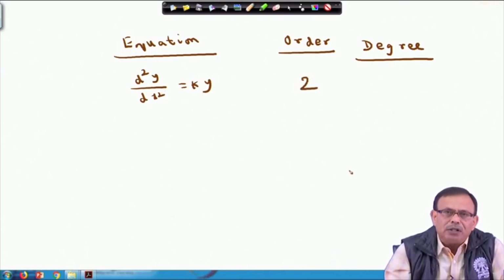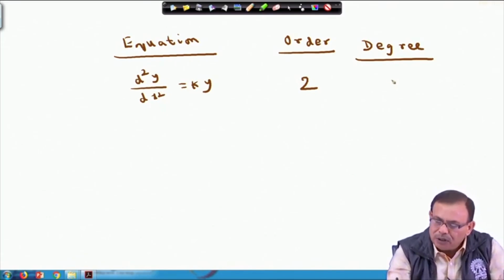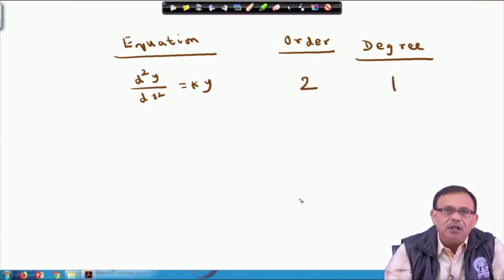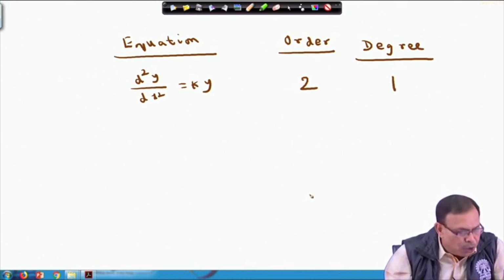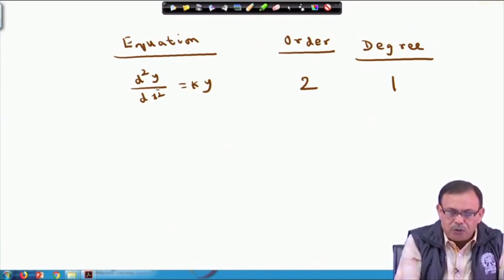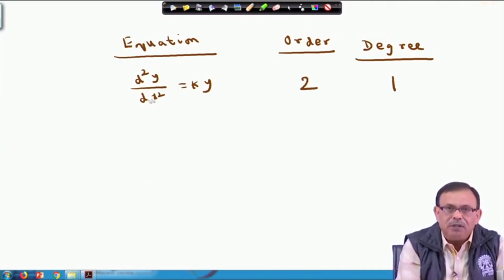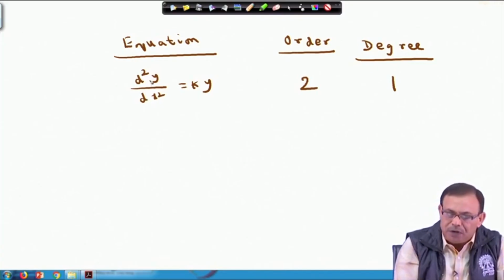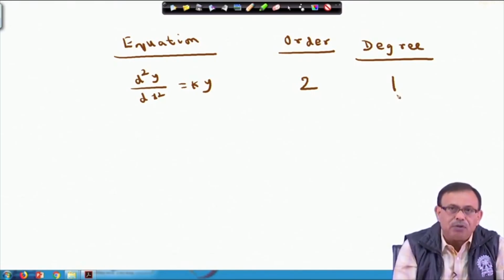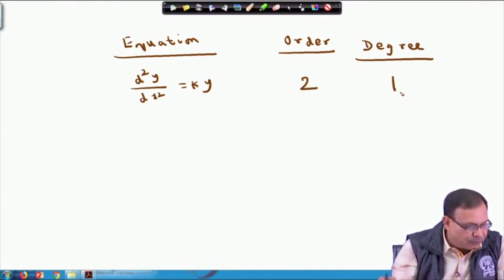And what is the degree of this highest order derivative? Degree is 1, no whole square or anything like that is involved. Therefore, for this equation the order will be 2 and the degree will be equal to 1.